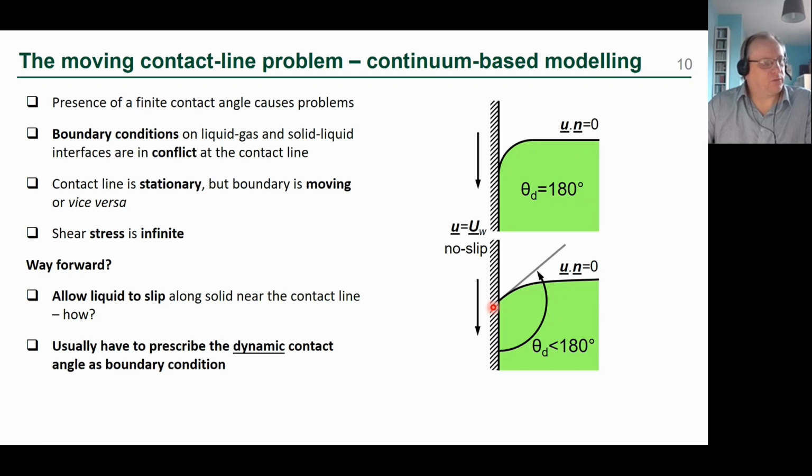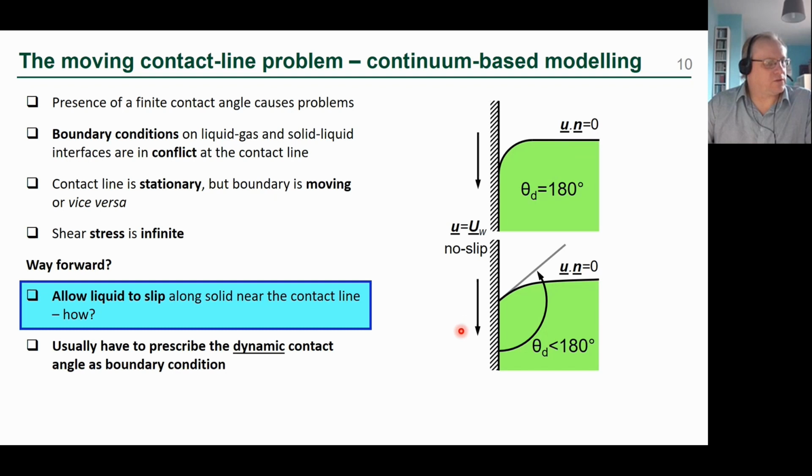So we have a problem at that point, and this results in a stress singularity. Essentially, you can think that the fluid is having to accelerate infinitely quickly from this point in order to maintain this stationary interface while in contact with a moving solid boundary. So this is a problem for continuum-based modelling.